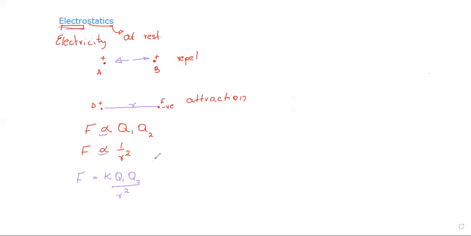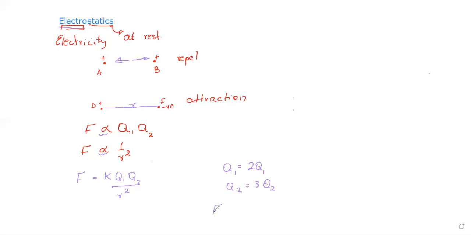Now let's have a look at what happens when charge 1 is increased by a factor of 2 and charge 2 by a factor of 3. What will be our new force?